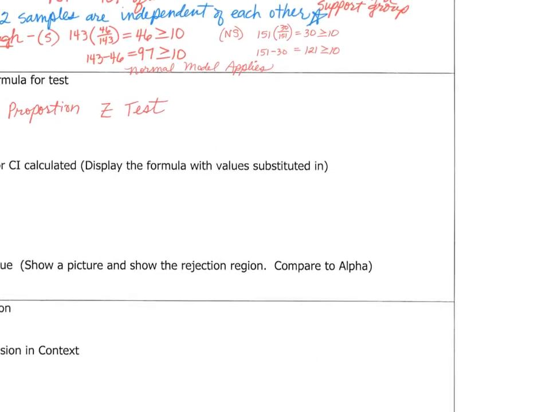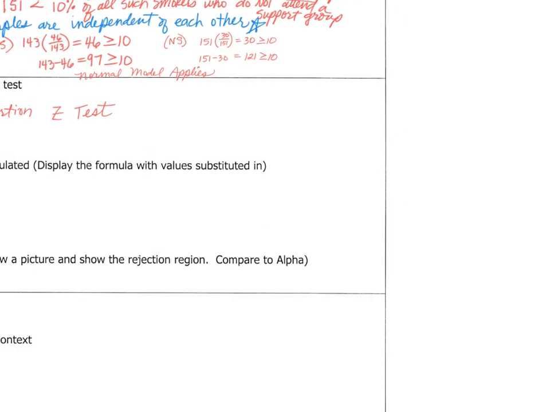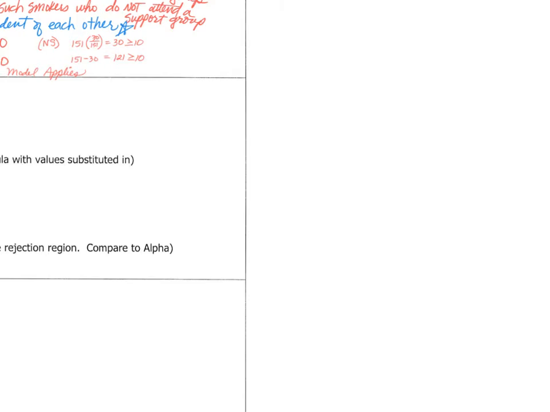I'm going to come over here to the side. I won't have an actual picture of a calculator, so I'm going to tell you what you're going to see on your calculator. You need to go in your calculator, press stat, then over to tests.